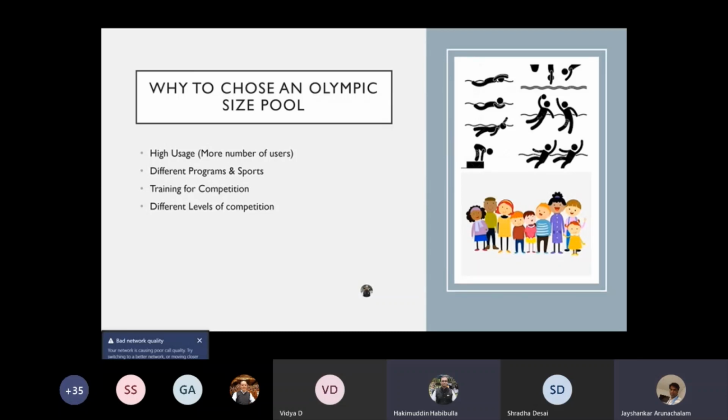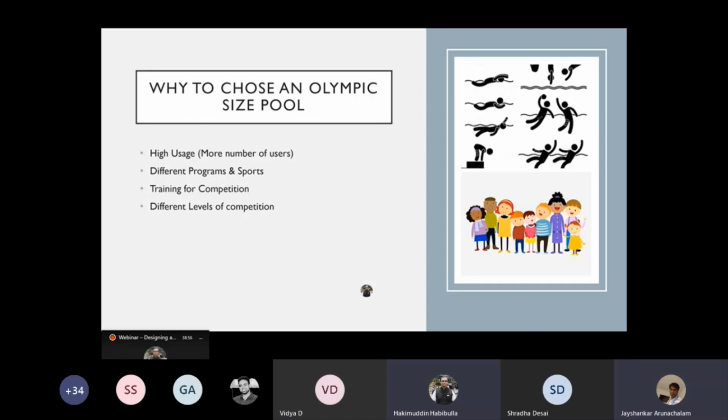I'll keep using Olympic-sized and 50-meter pools interchangeably, because at a very elementary level, the two mean the same. To clarify, which will be further defined as we go through the presentation, you will see a difference between an Olympic-size pool for general use and an Olympic-size pool for the Olympic Games.